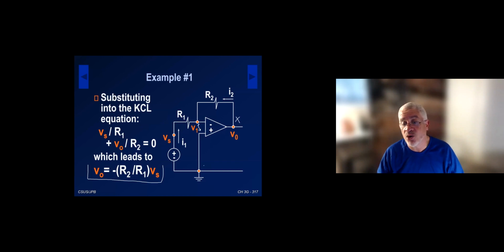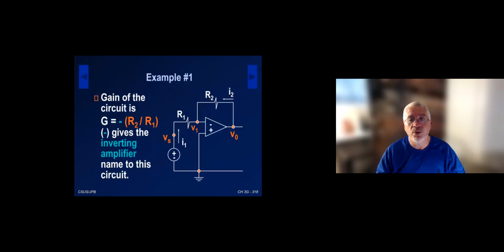In this particular case, it happened to be the ground, so they are at 0. And the op-amp draws no current on its input. There is current on its output, otherwise the op-amp would be dead. So again, the gain of the circuit is minus R2 over R1. The minus sign gives it the name inverting amplifier.